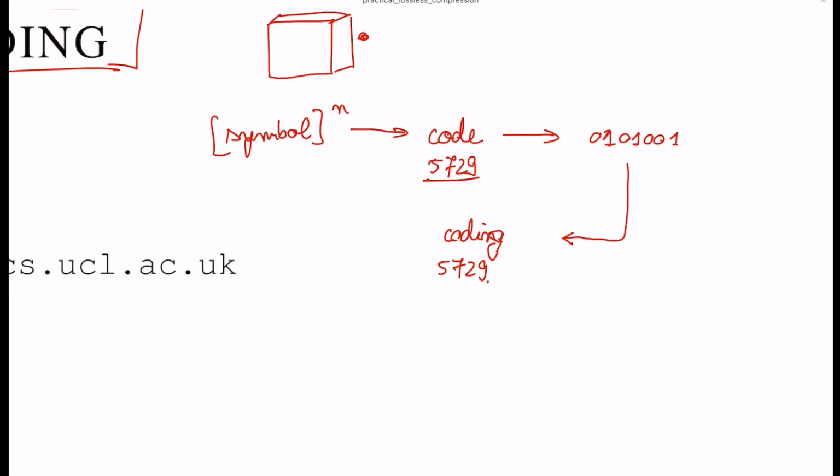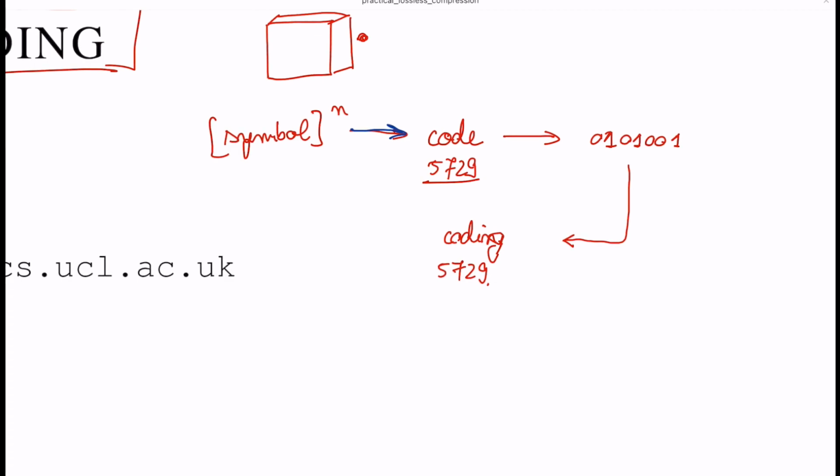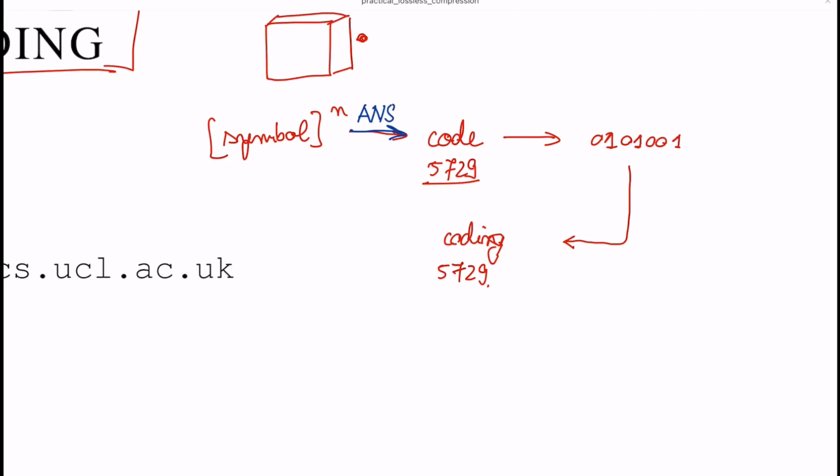And now here you use, let's say, a proprietary coding scheme, a set of conventions that you have declared with the other party that you will both use. One of those things is called ANS. You don't need to know any of the details.